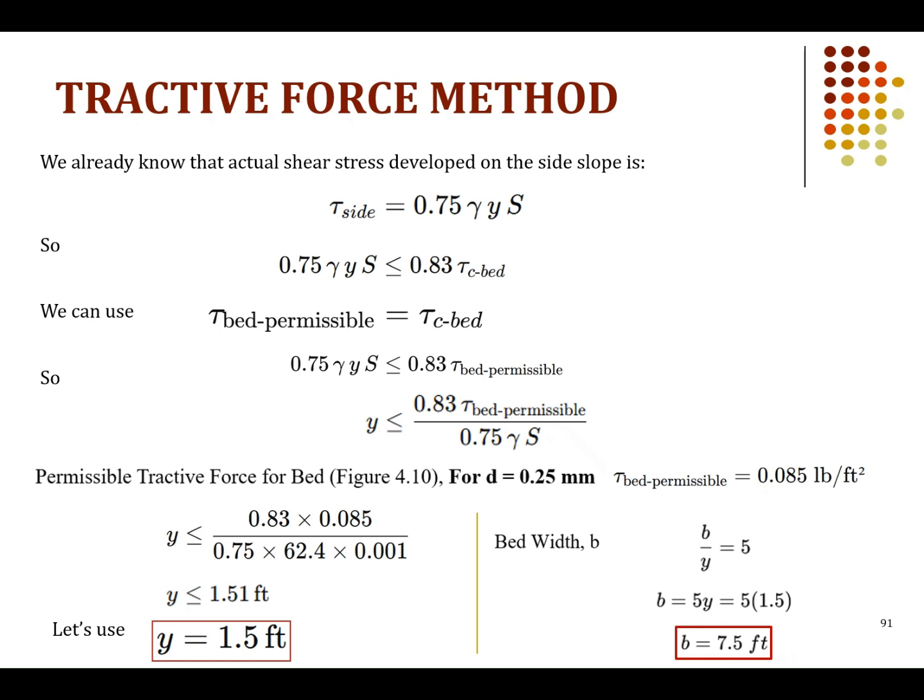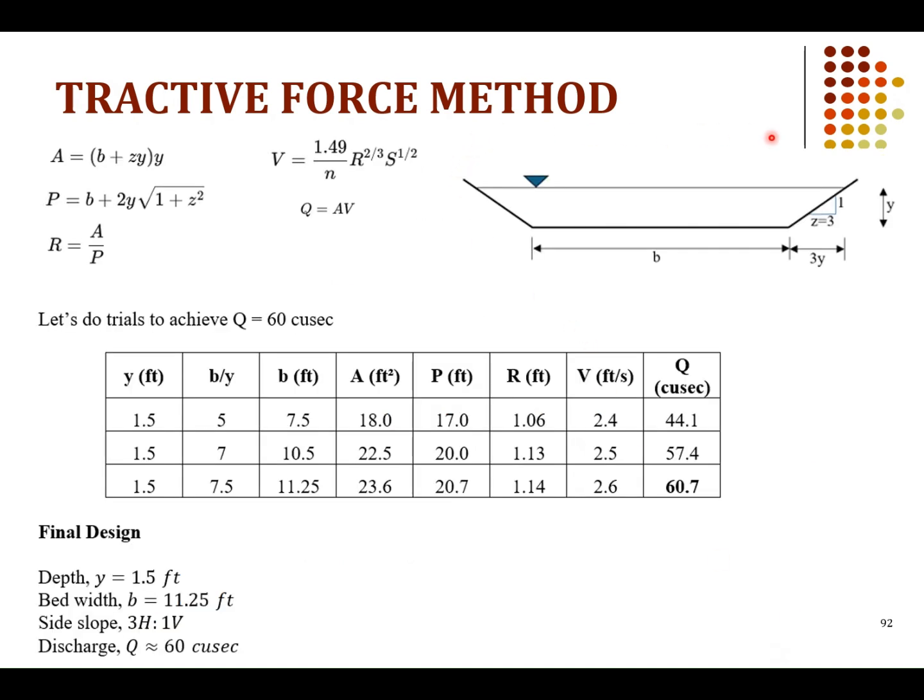Moving forward, this is our trapezoidal section. B is the bed width, y is the depth of the water. The side slope we assumed is 1:3, so it means that this distance is 3 times the depth. Now for this trapezoidal cross section, we have the formula for the area and the formula for the perimeter.